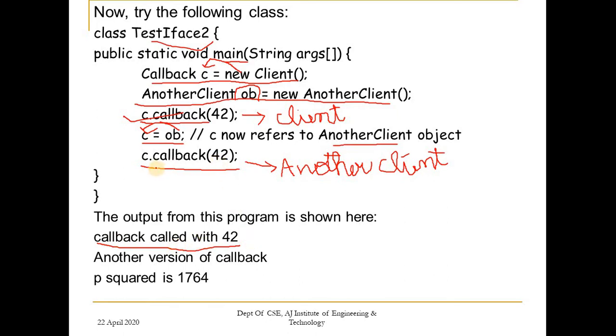When you call the callback method of AnotherClient, it will display "Another version of callback. p squared is 1764." 1764 is nothing but 42 into 42, p into p.